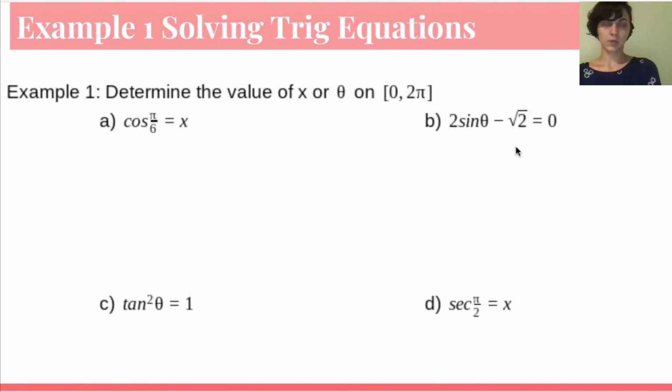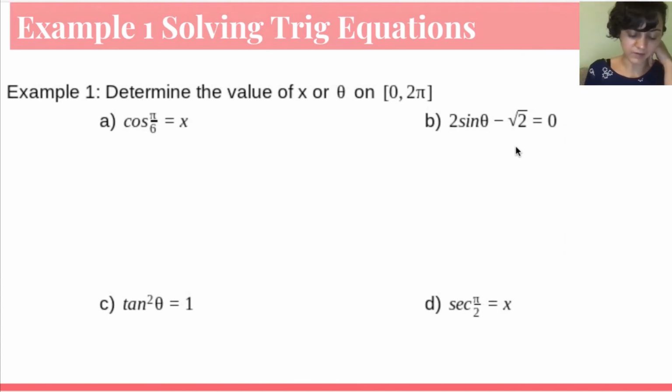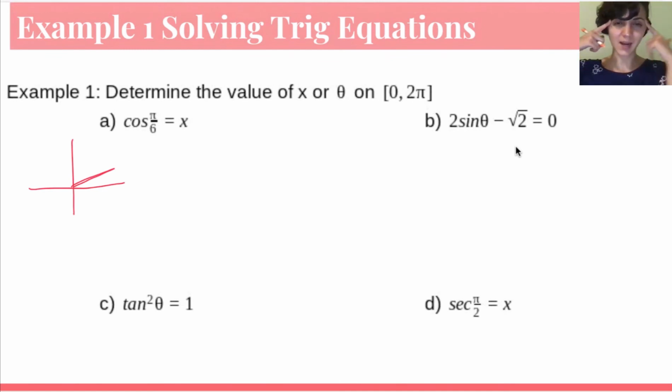Okay, so here are some examples of how to use trig ratios to solve trig equations. The first one, A, is a simple trig equation where I have to figure out the value of cosine of pi over 6. I usually do a quick sketch in my head, not always on paper.